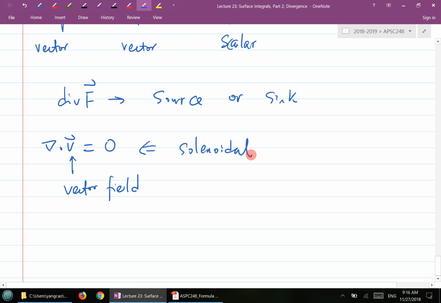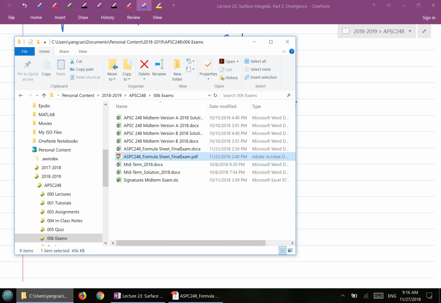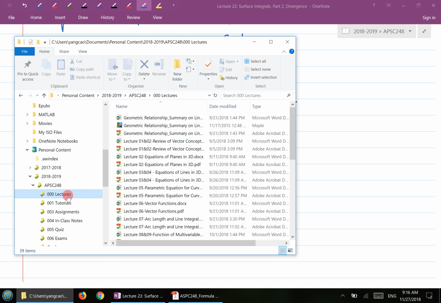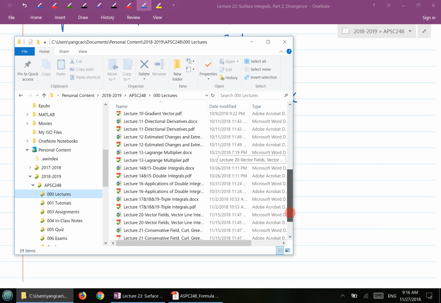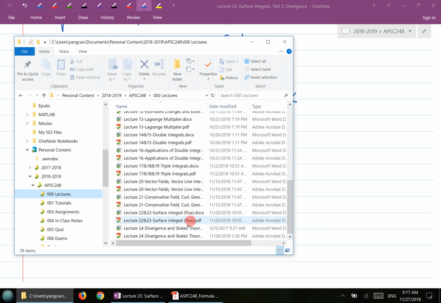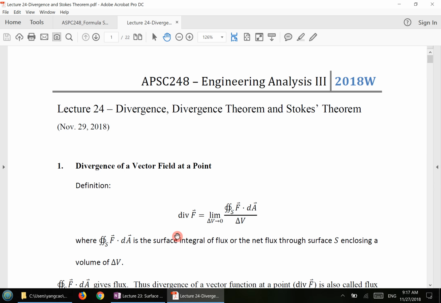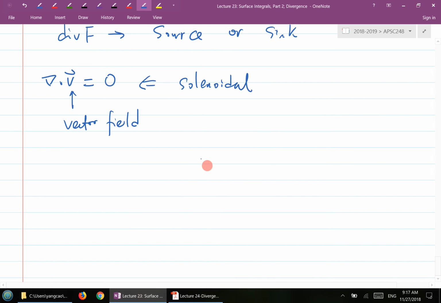solenoidal field. Okay? Now, what does a divergence equal to 0 actually mean? If it's equal to 0, what would that physically mean? So let's say I have a surface here, and if I pick any point inside this surface, you get basically 0 divergence.